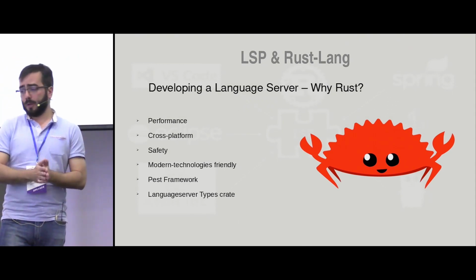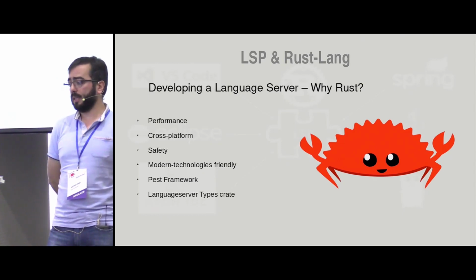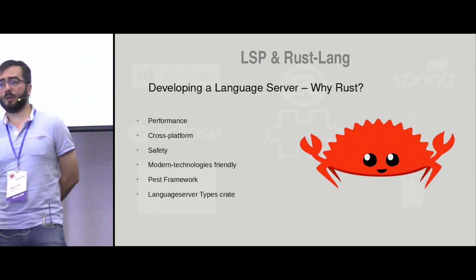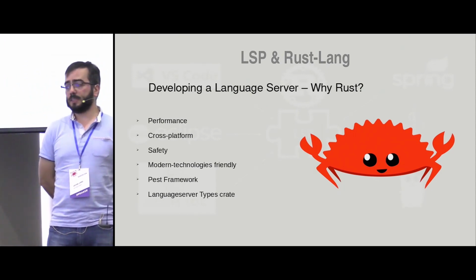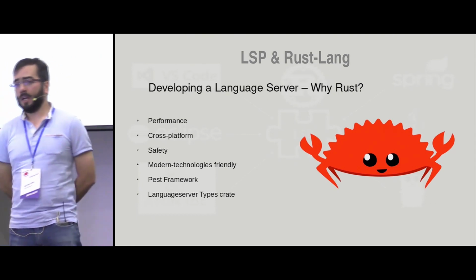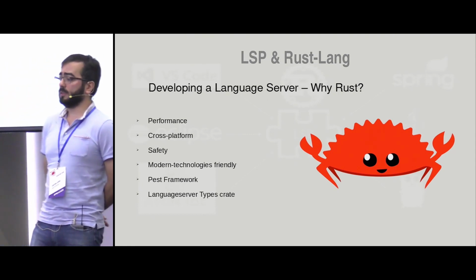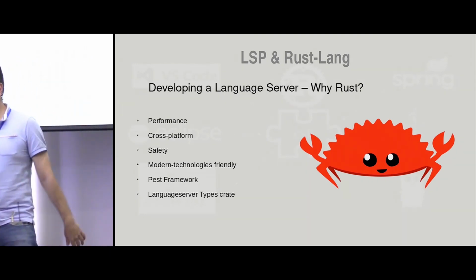We have the Pest framework available that uses PEG grammars. We'll talk a little bit about it later. And we have one ready crate called language server types. It will provide the specified types for the language server communication, also out of the box. So it's very simple to be adequate with the implementation.